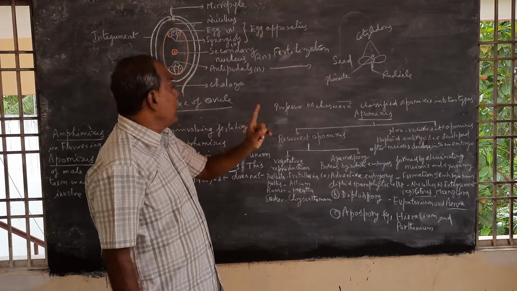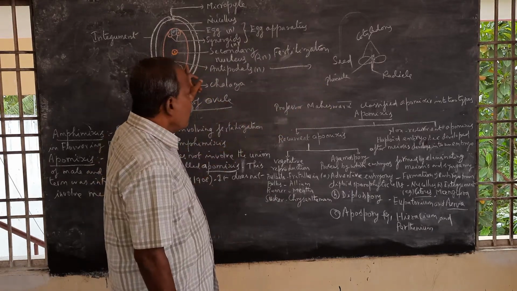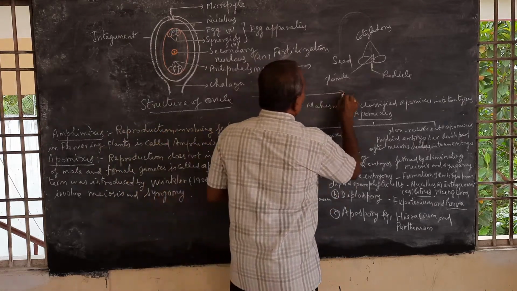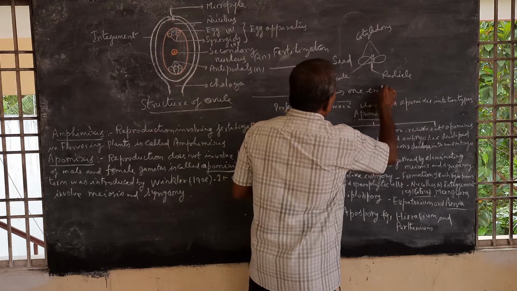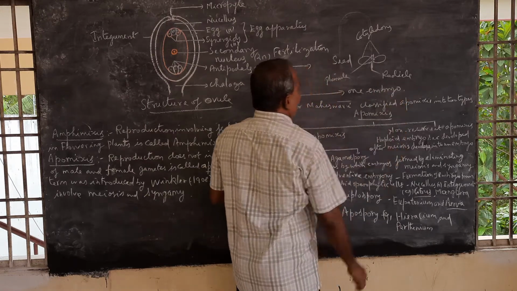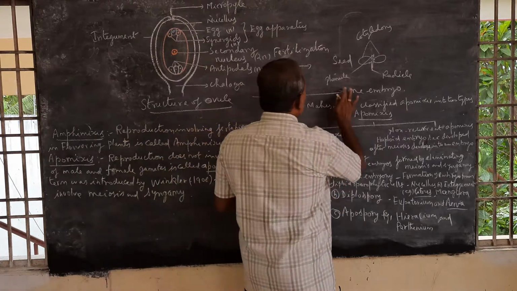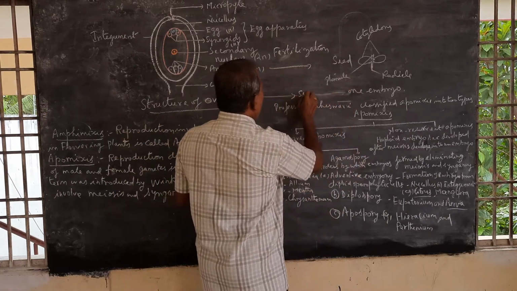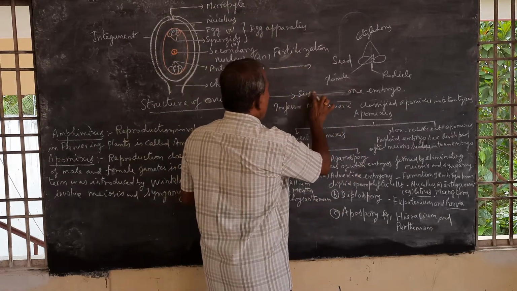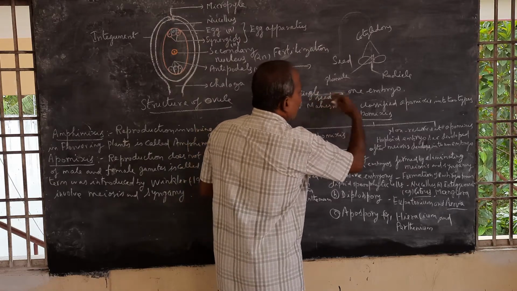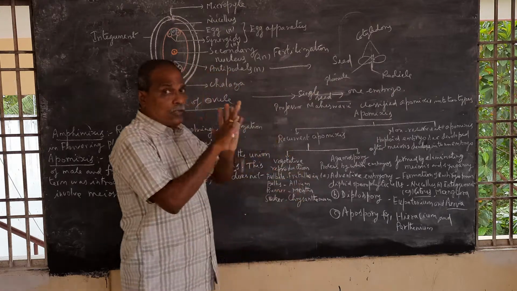But only one embryo develops from one ovule. From a single ovule, a single seed, a single embryo. So this is what generally happens.